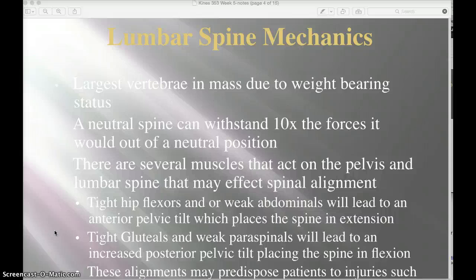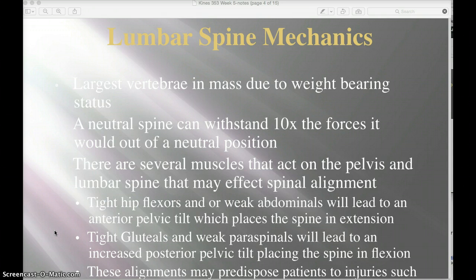The second bullet point says a neutral spine can withstand 10 times the forces it would out of a neutral position. So that's a really important point, because anytime you are in slight flexion, rotation, or extension, your spine is at a more compromised position, meaning it's a lot easier to sustain an injury in that position.